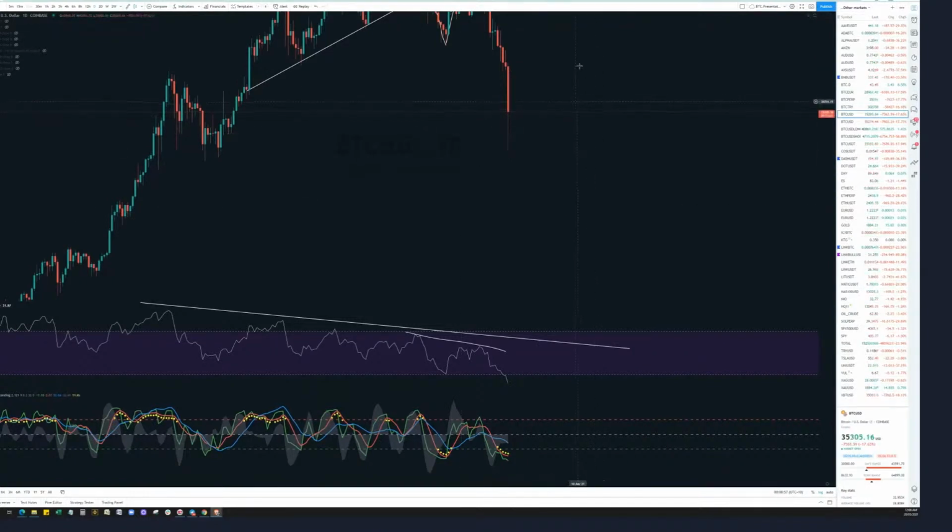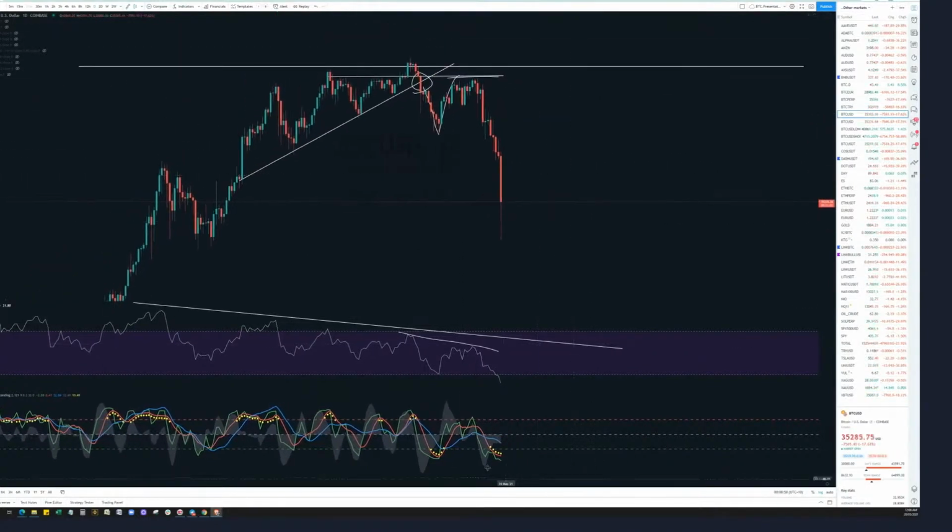You can see now on the daily how this is turning around? Potentially, we're going to have a bit of recovery. These yellow dots are showing exhaustion and a potential to turn around like this one here. So what I like to see is this green crossing the red and giving us upward momentum on the daily.